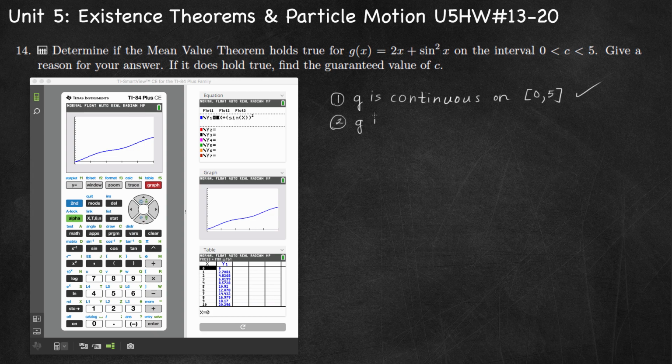And then we have g is differentiable on the open interval from 0 to 5. So the mean value theorem does apply.